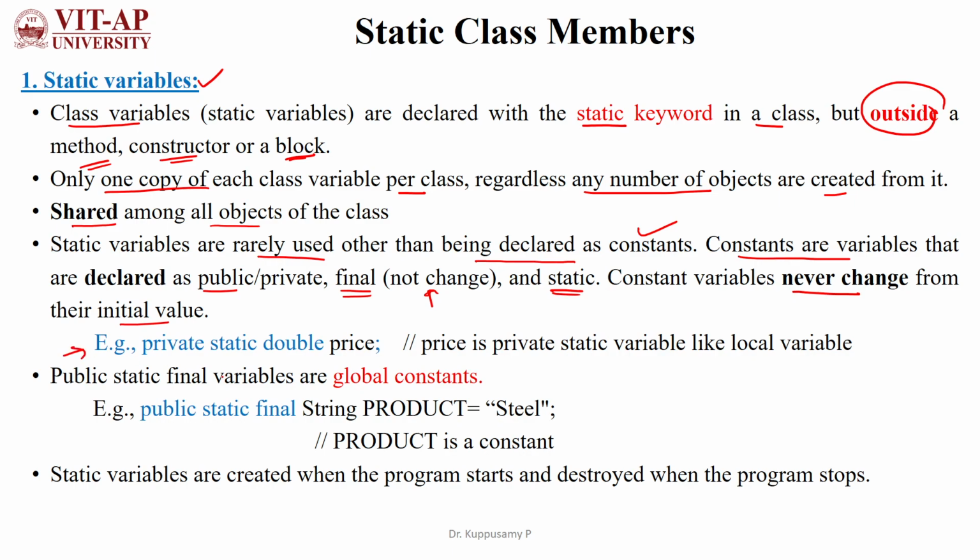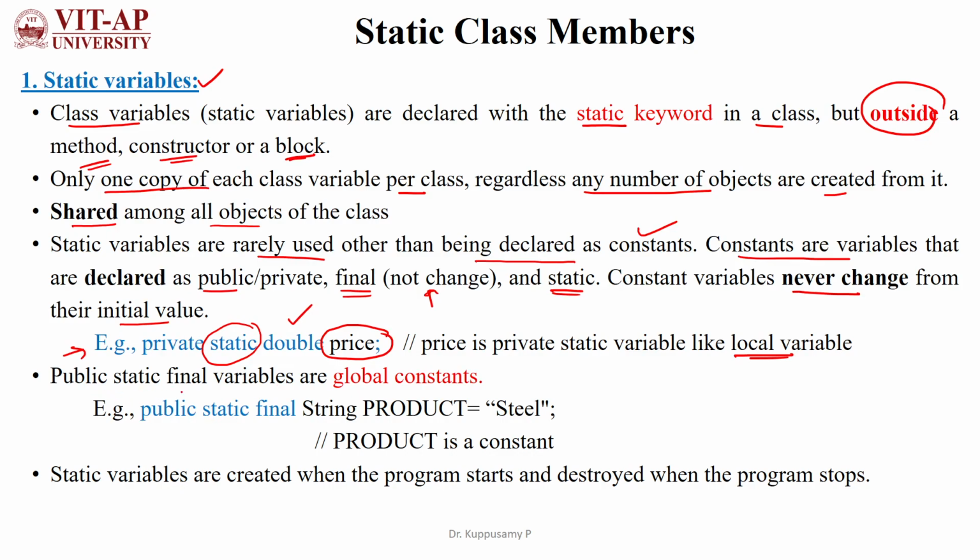For example, private static double price. The price will not change because the variable is declared using the static keyword.